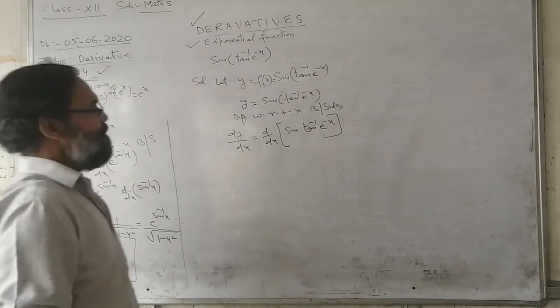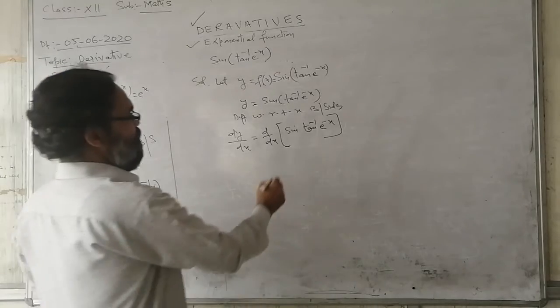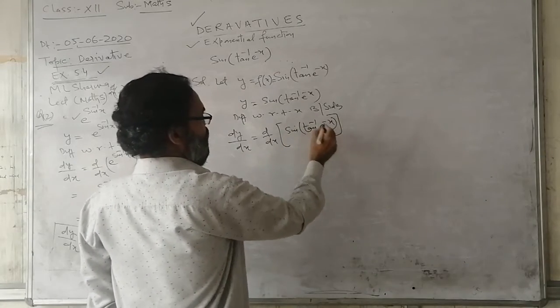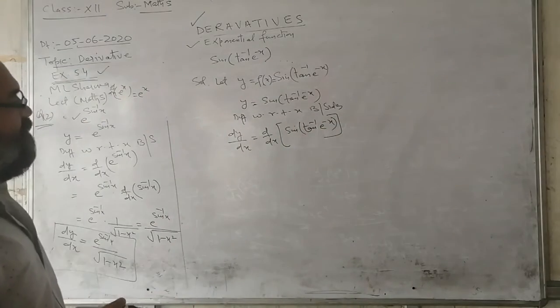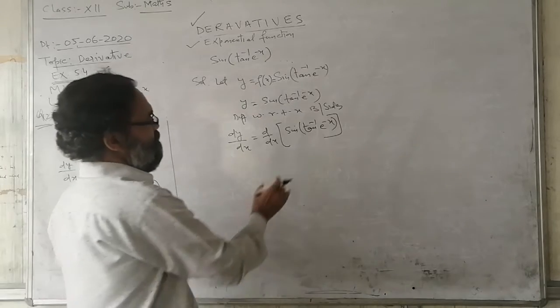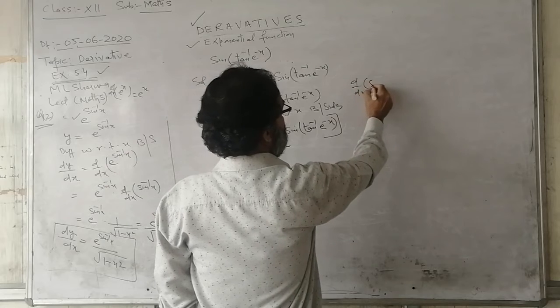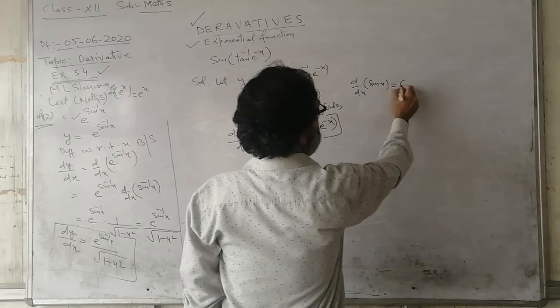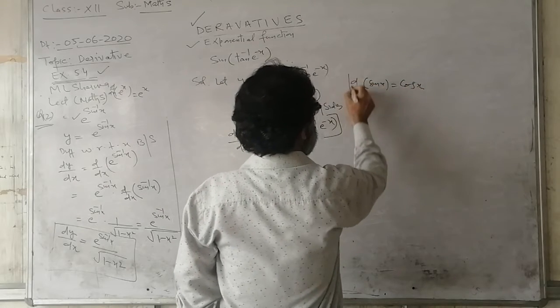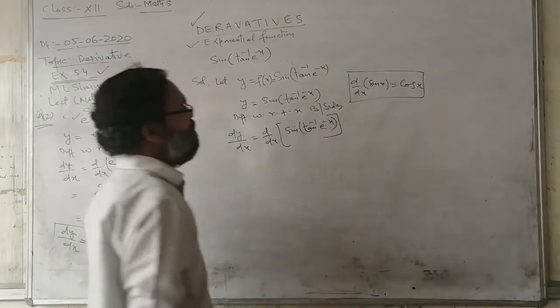So this function's derivative is to be calculated. So d upon dx of sin x is cos x according to the formula.